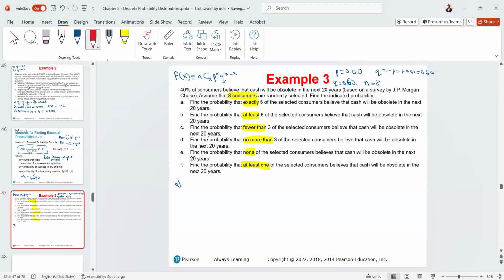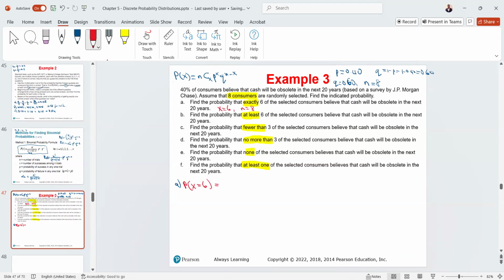But the first one said exactly: the probability that X is exactly equal to 6. So the good news is when you have exactly, you can simply use the formula that we know. For us here, exactly 6 means X is 6, and N is 8.